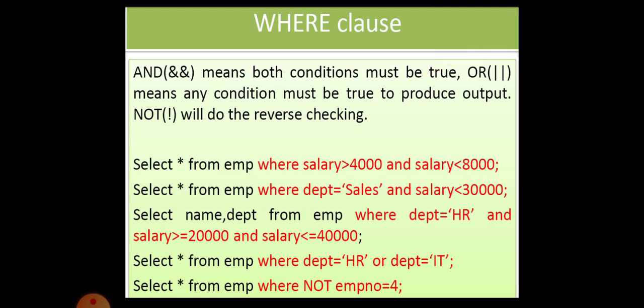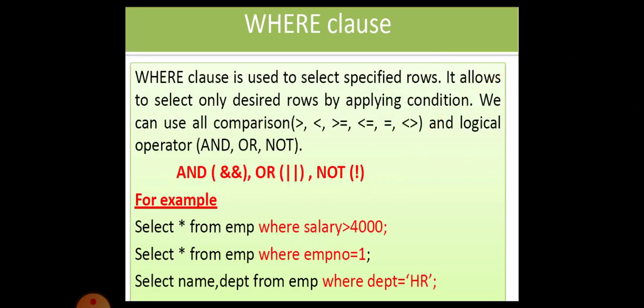Coming to the next, where clause with the logical operators. Here we discussed how the where clause can be used along with the comparison operators or relational operators with the digits and characters.